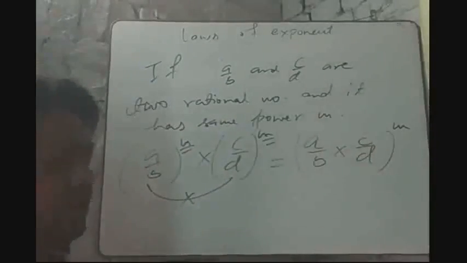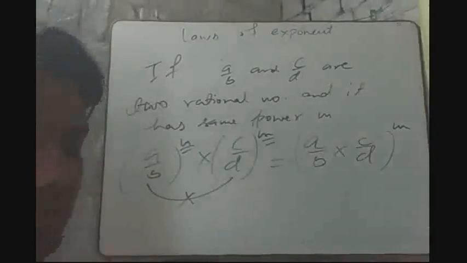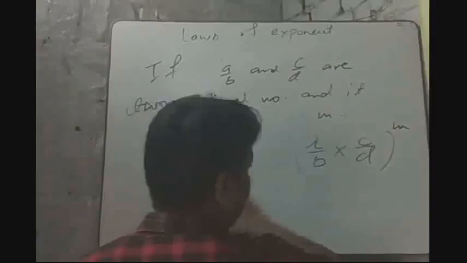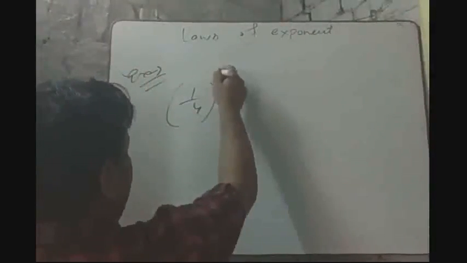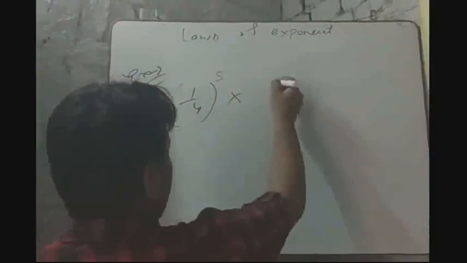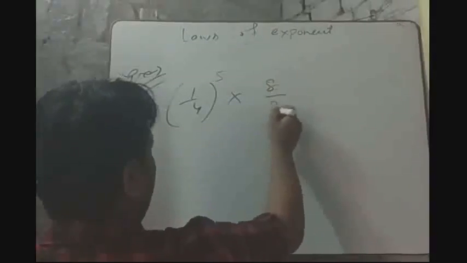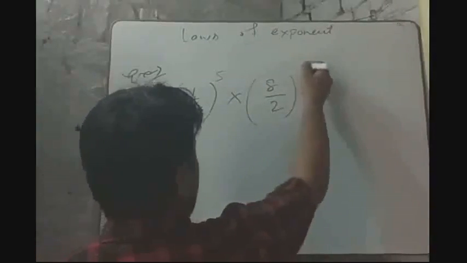Let's see some examples of this also. For example 1, if the question says 1 by 4 to the power 5 into 8 by 2 to the power 5, then what will we do, since the power is the same?